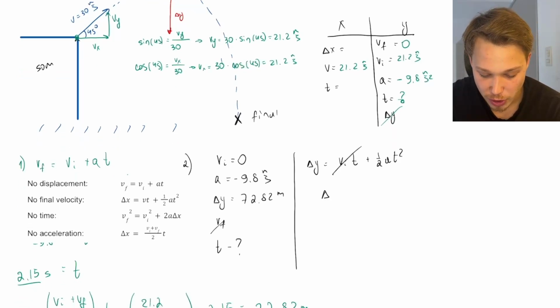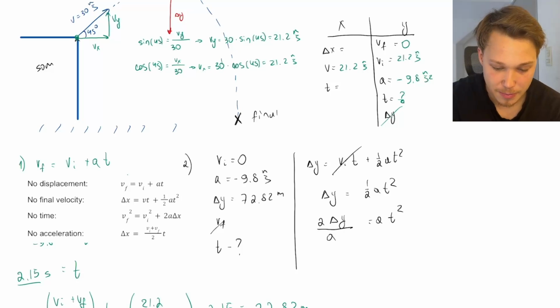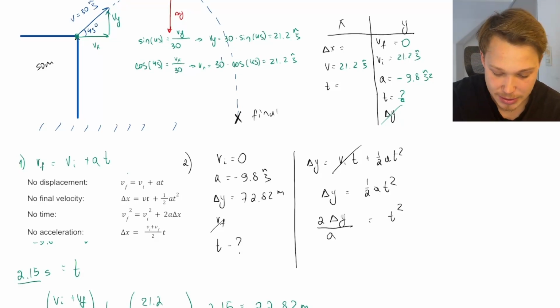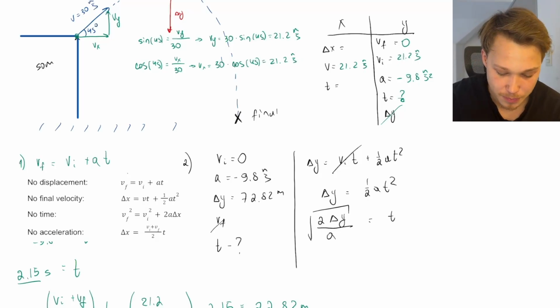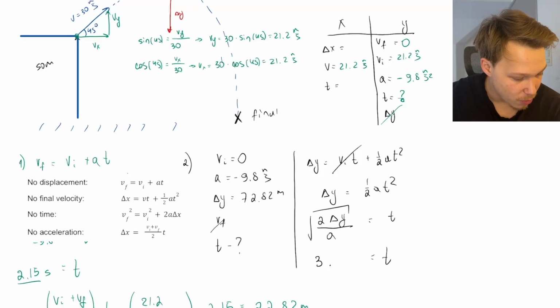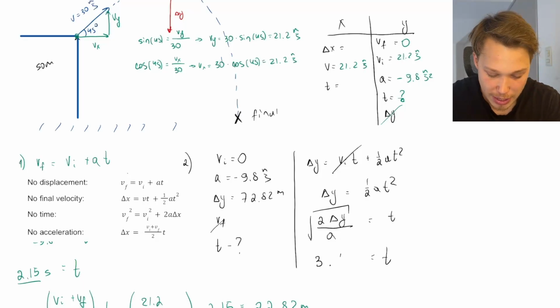And if I want to rearrange for time, I can multiply by 2 on both sides, divide by a, and take a square root of both sides. So the time that it takes to go down is 3.85 seconds.